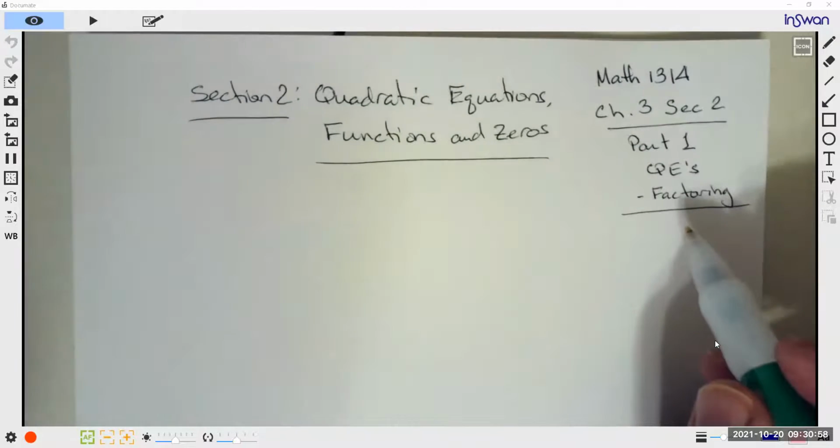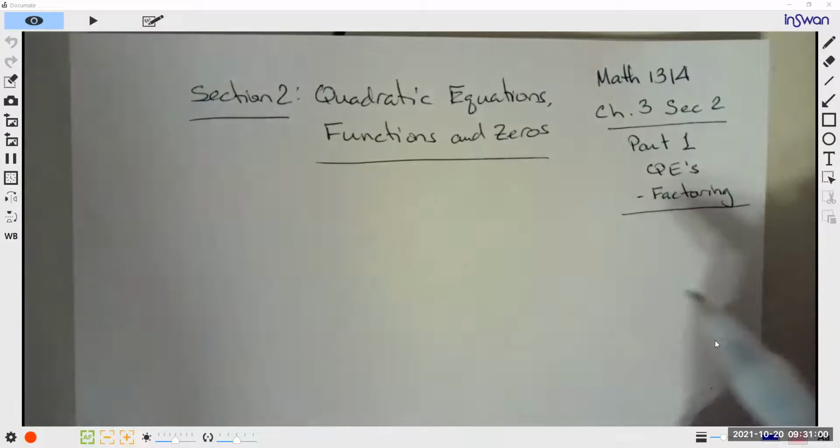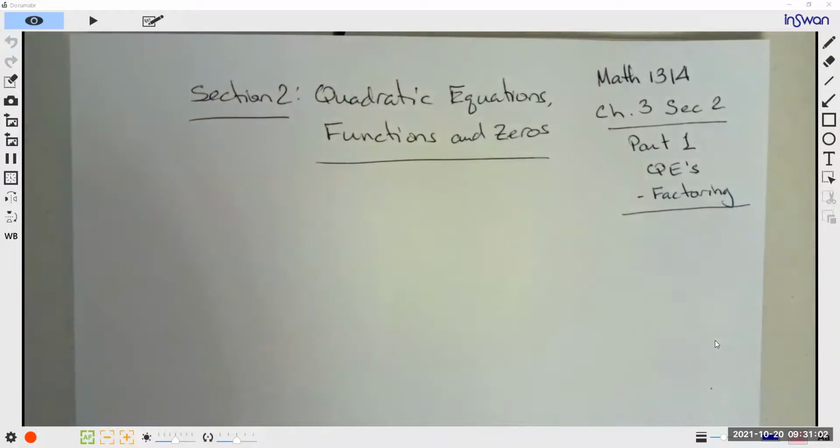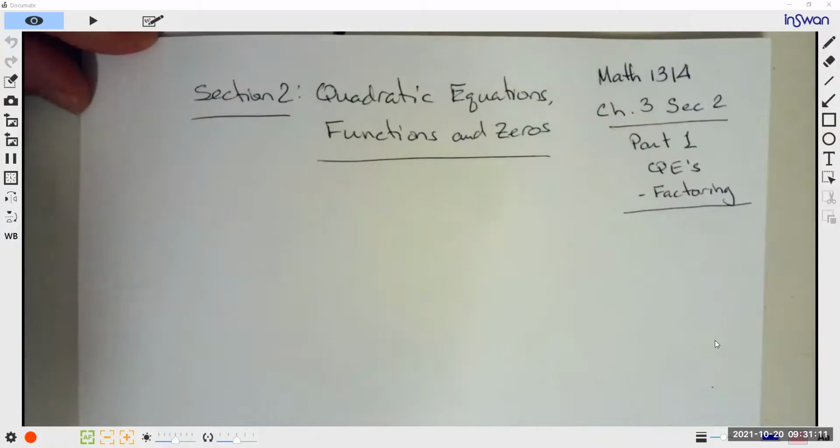One of them is factoring. One of them is completing the square. The other one is the quadratic formula. Each one of them has its own rules and procedures, so it's very drawn out.